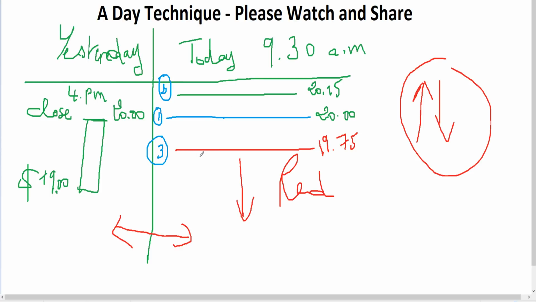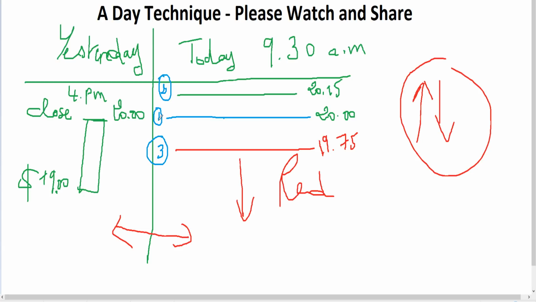For my technique I use yesterday's close as my base information. I don't just go to a stock and begin to trade if it is going up or down, because sometimes the stock goes up a little bit in the morning, then it goes down. So I always want to see yesterday. You should have the chart set to see yesterday and today in order to get either green or red.